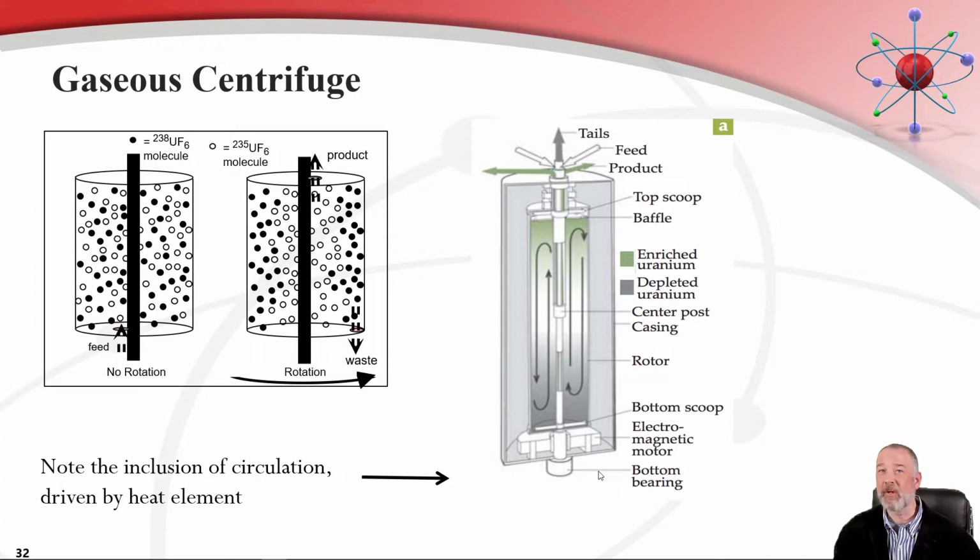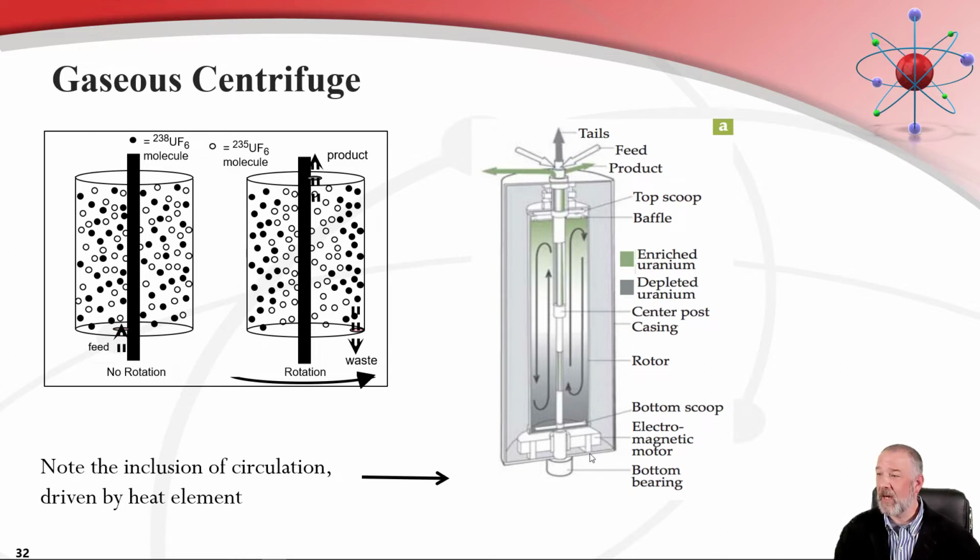And this is kind of important because the rotational speeds at which we operate are quite high, and the higher they are, the better our separation becomes. So normal bearings, because of just friction, would burn themselves out fairly quickly. So we use frictionless magnetic bearings. And that's one of the key components to building something like a gaseous centrifuge.